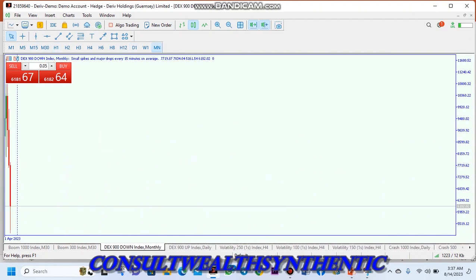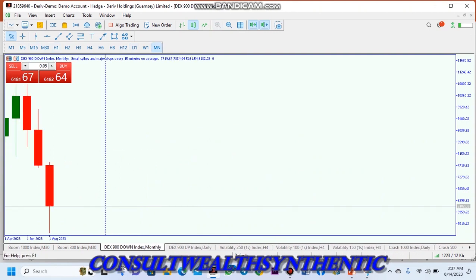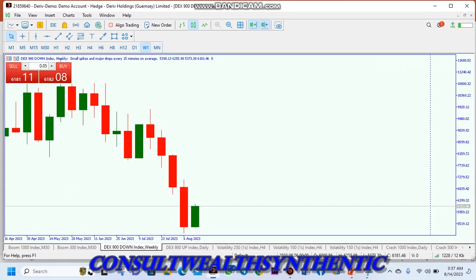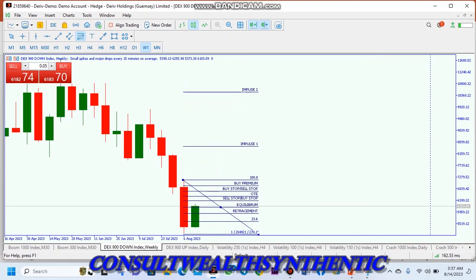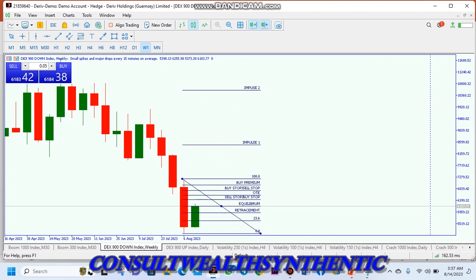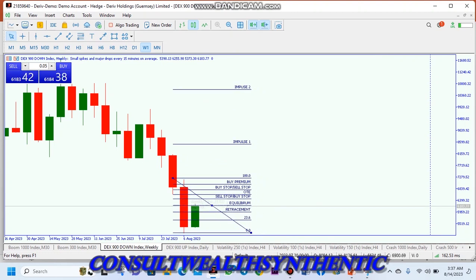So let's come to our monthly time frame for this market. DEX 900 down. So we see that it has been selling on monthly time frame, weekly time frame. It starts the selling, then is ranging into this region. It's buying into this last bearish candle.